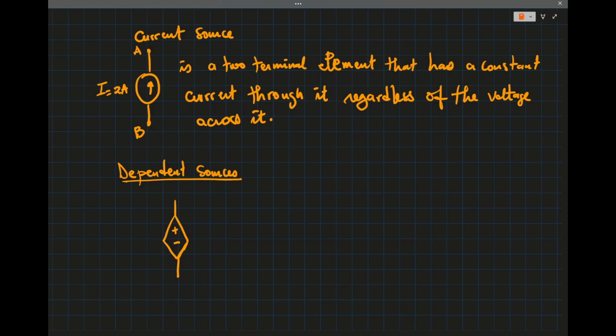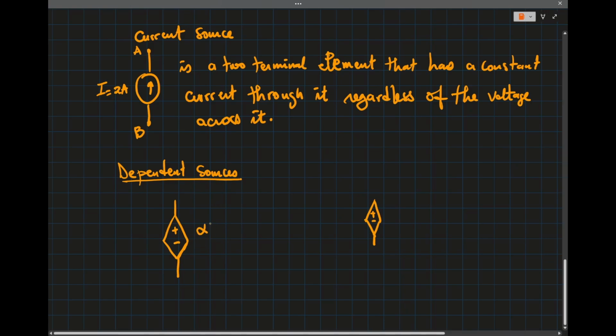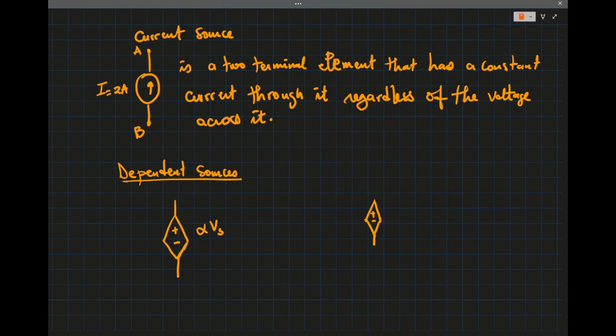So I will have this voltage source depends on current and depends on voltage. Okay, so that means the voltage across this will be some mu times, right? So let's say alpha times Vs. So remember alpha will be just a constant, right?